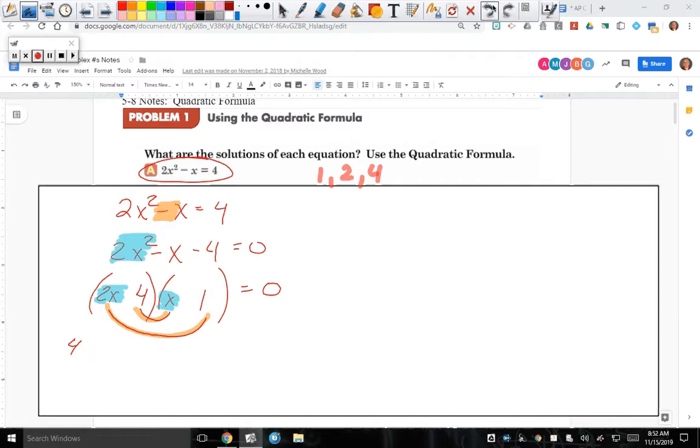So maybe I placed the 4 and 1 incorrectly. Maybe I should put the 1 first and then the 4. This is my last option, other than trying to change these. Okay? So I have 1 and 8. I will either get a 9 or what? 7. None of those work.